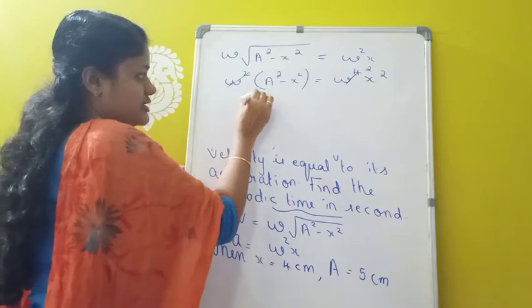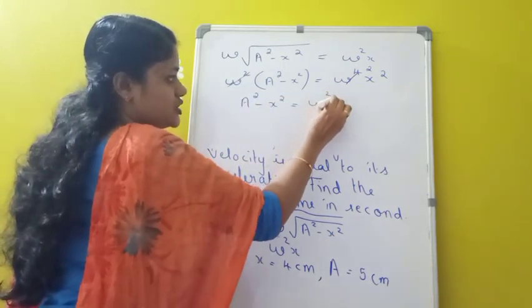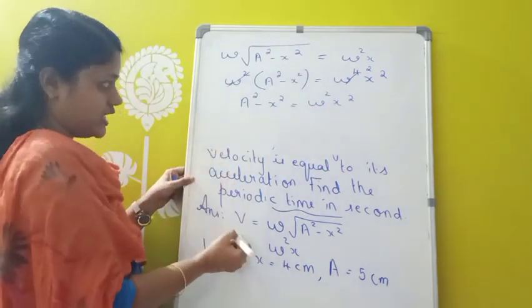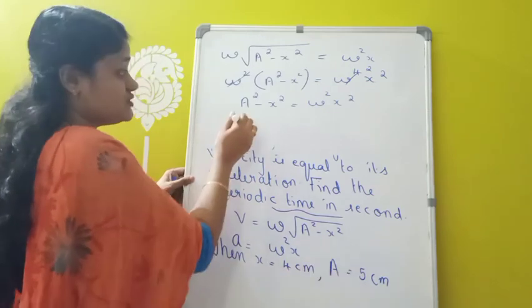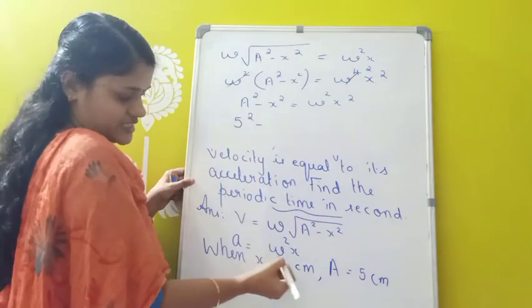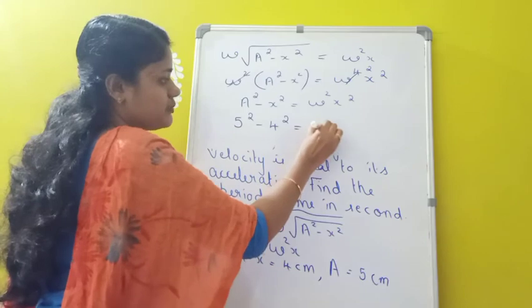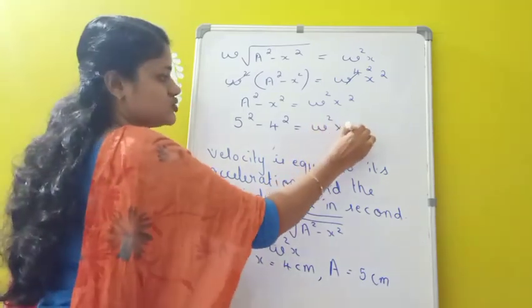So a square minus x square equals omega square into x square. Amplitude is 5, so 5 square minus displacement 4 square equals omega square into x square, which is 4 square.